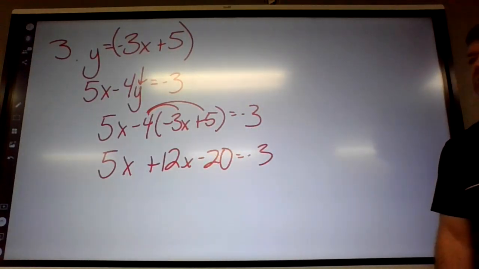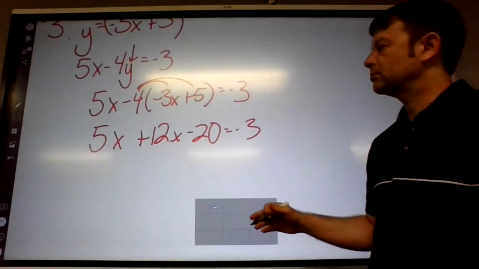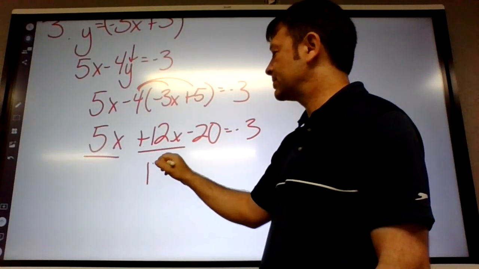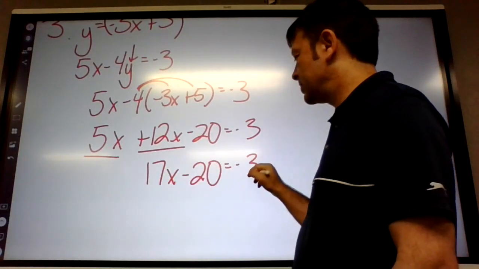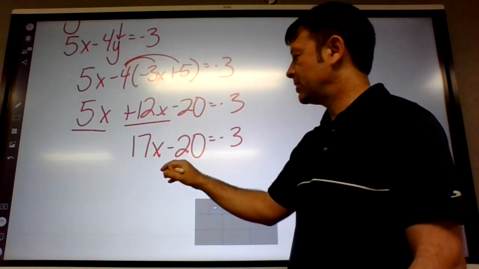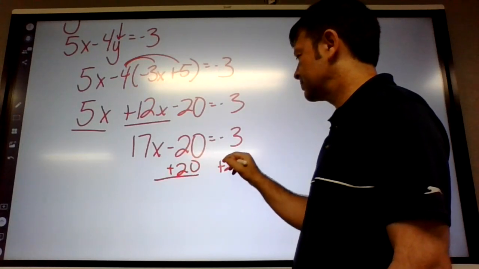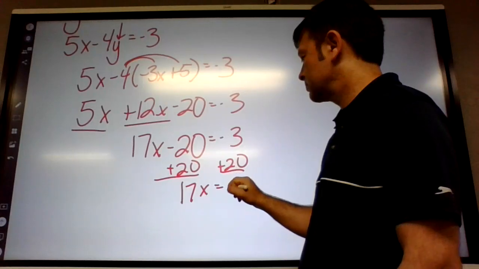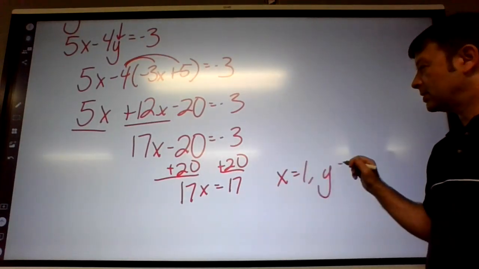5x plus 12x goes together. Okay, x is 1.